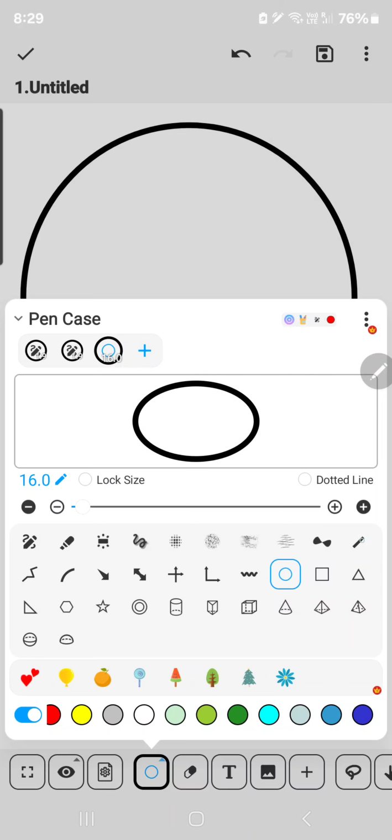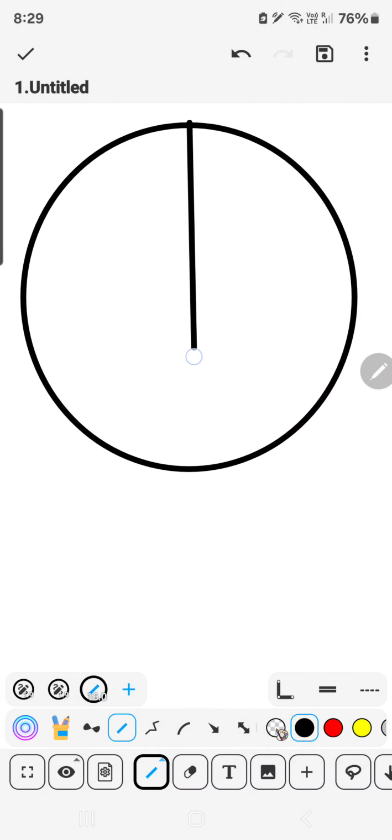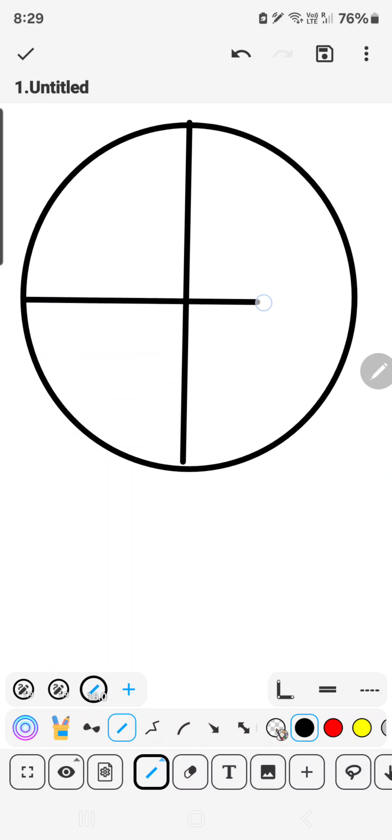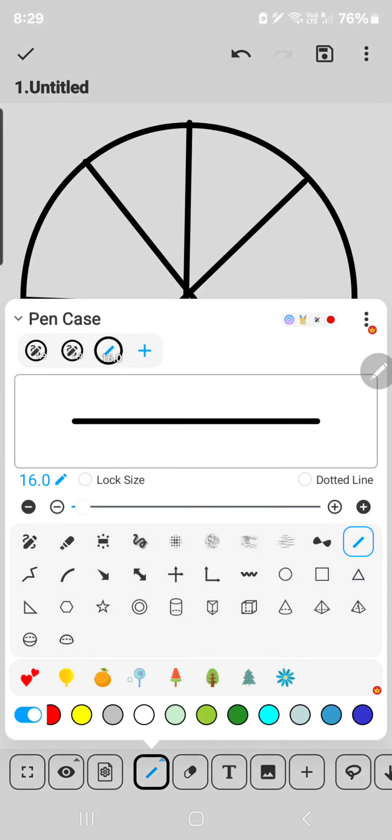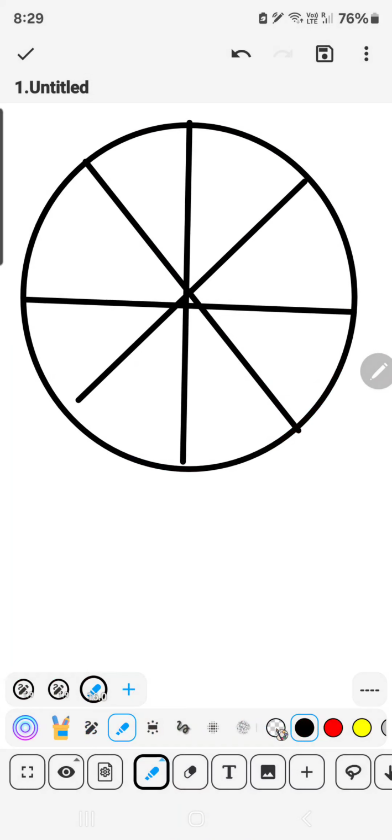I'll draw a line also so that it doesn't get ruined. Please adjust. Okay, for understanding I'm only telling.